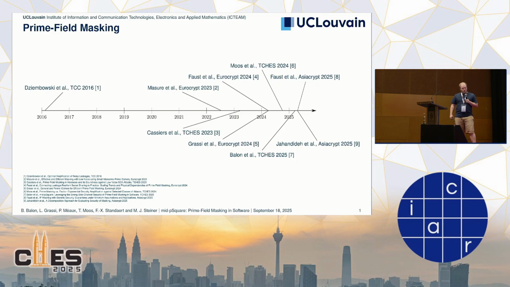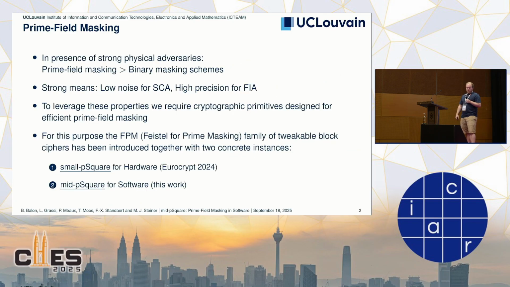With the first work that was a bit more practically oriented, and since then we have seen a bunch of papers on this topic at CHES, at Eurocrypt, at AsiaCrypt, looking at different properties that masking over prime fields can provide, both against side channel and against fault attacks, and then we have a few dedicated constructions to leverage these advantages.